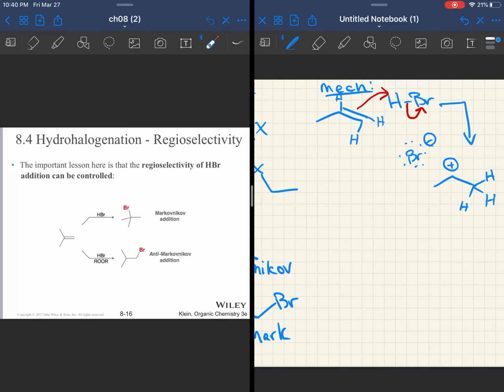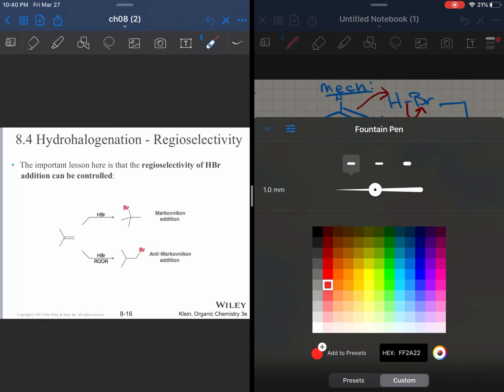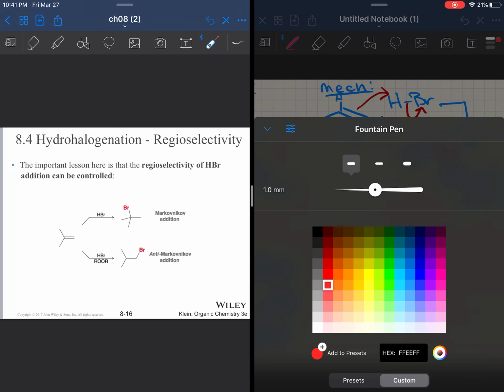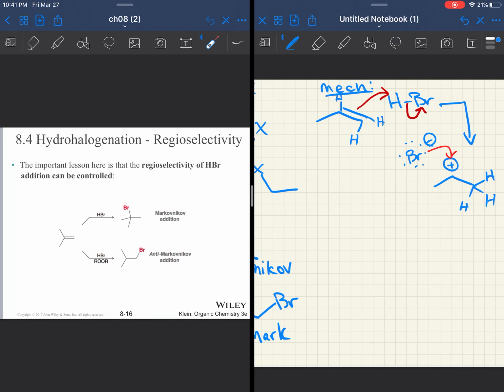We also generated a bromide ion. That bromide ion is now going to attack, right? Good nucleophile, good electrophile, right? Lots of electron density, less electron density, and that's how our bromine is going to add on. So then, I'll get the hang of this changing colors business.